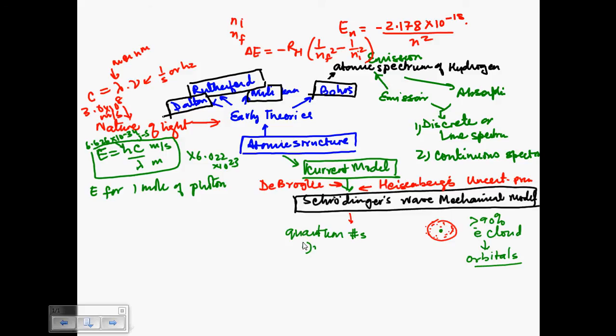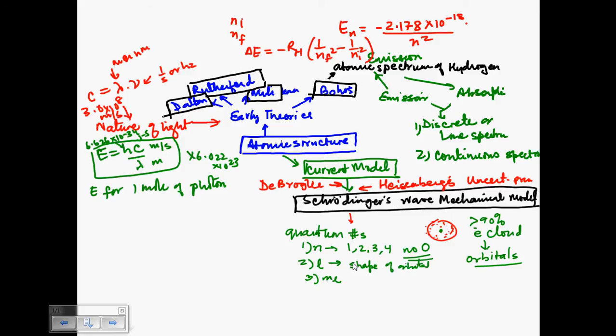We have three quantum numbers, n, l, and m. n is principal quantum number. It can have values of 1, 2, 3, 4. It does not have value of 0. The ground level is called 1. So this is the energy level in which the orbitals are present. l defines the shape of orbital.